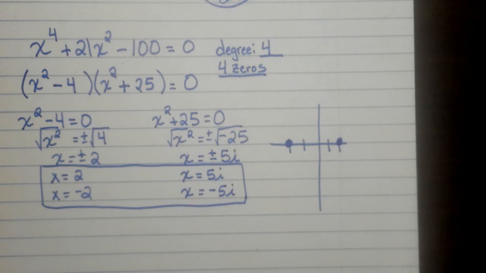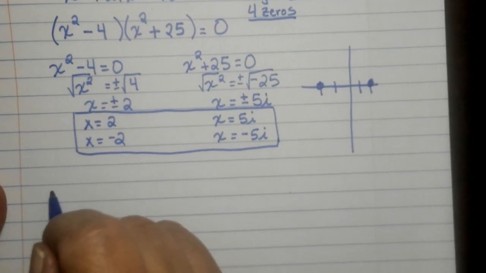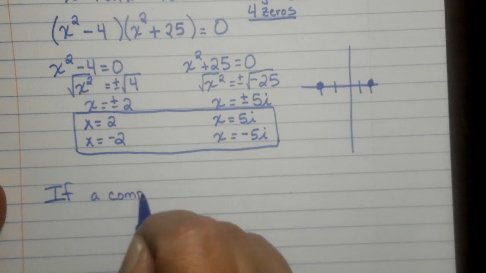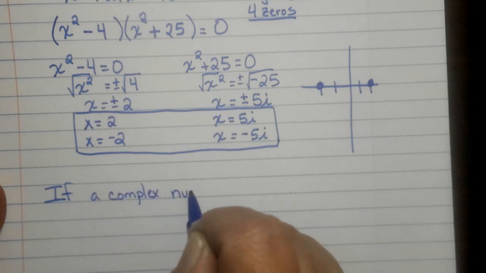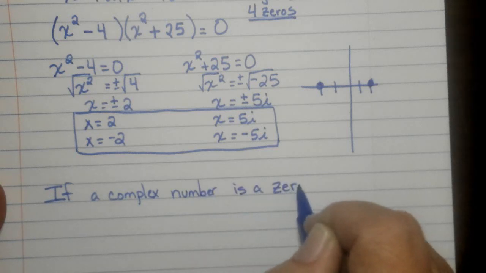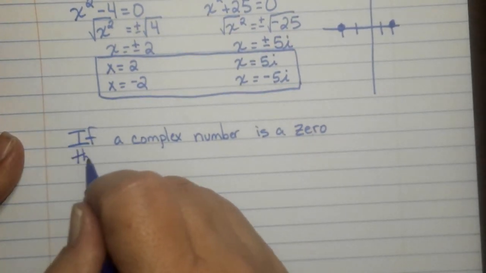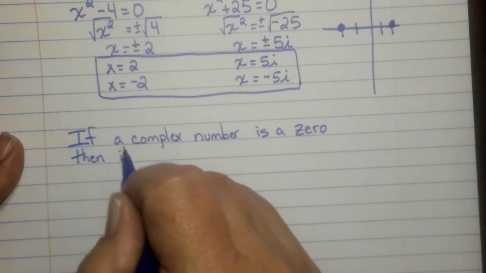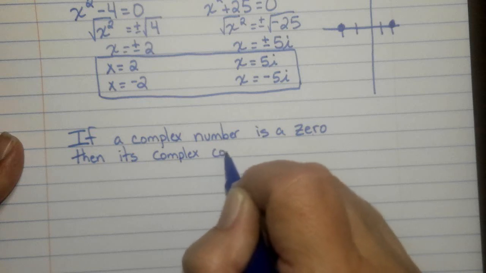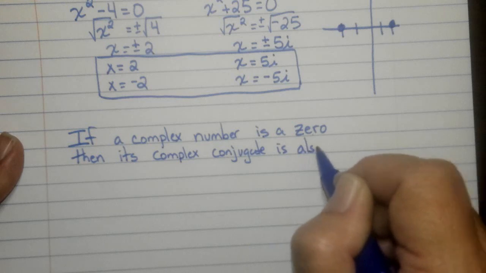Right? Okay, we have one more statement to add, and that is if a complex number is a 0, then its complex conjugate is also a 0.